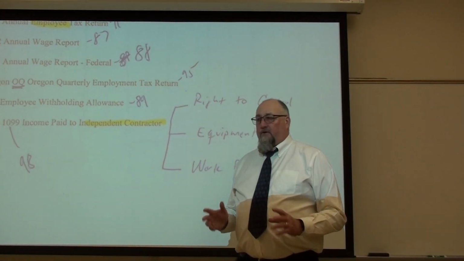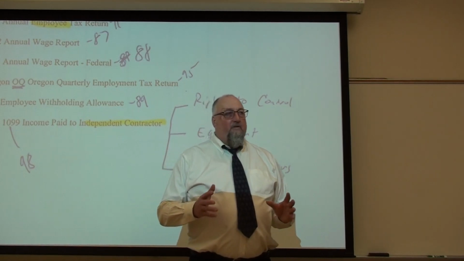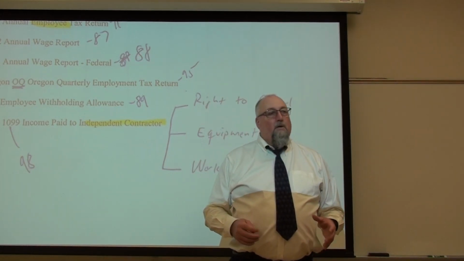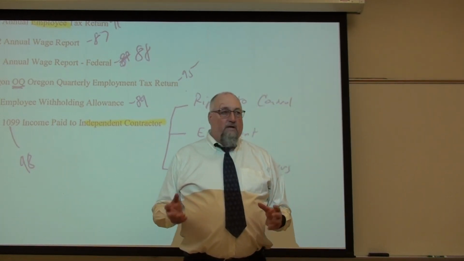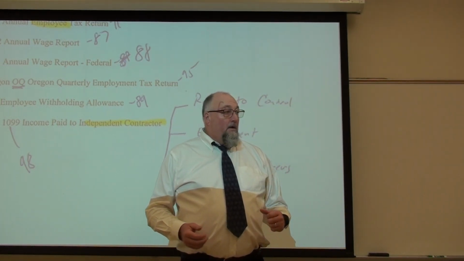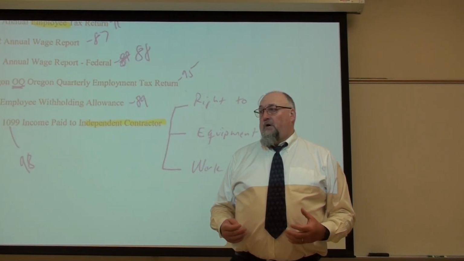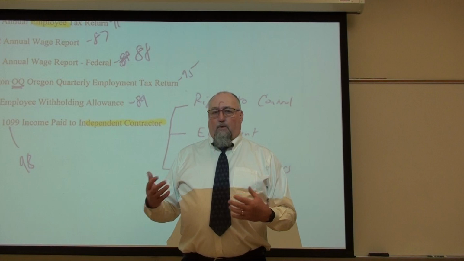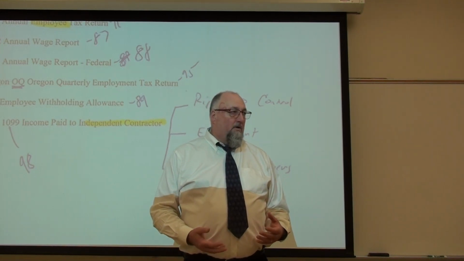When in doubt, if you're not sure, the safe method is to declare the person to be your employee. Now it's going to be more expensive because you now have to comply with all the payroll rules, but ultimately if they get hurt on the job, you've got workers' comp, that way you're covered, you're going to be in compliance with the law.